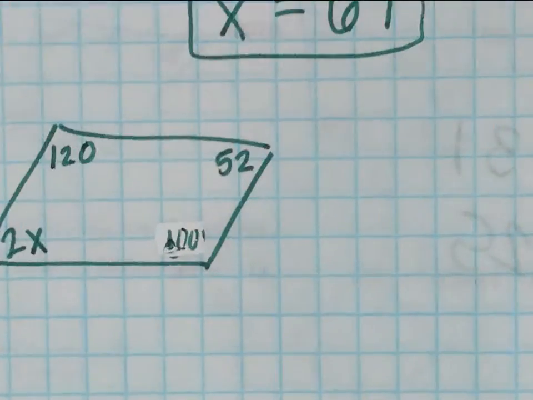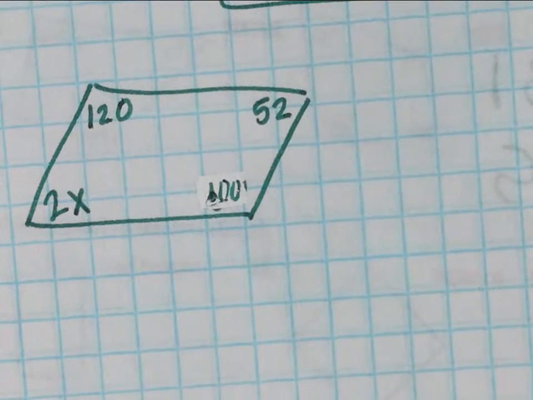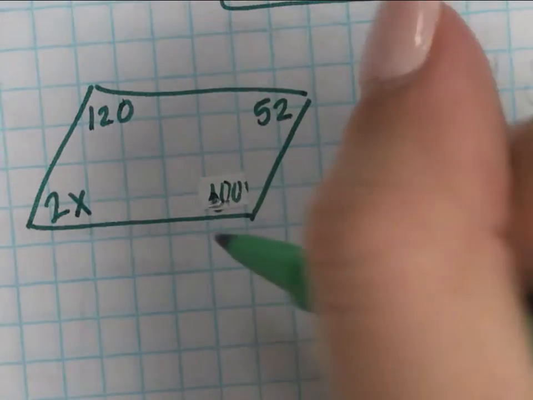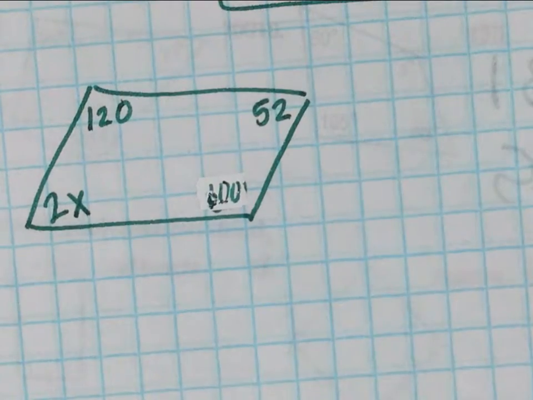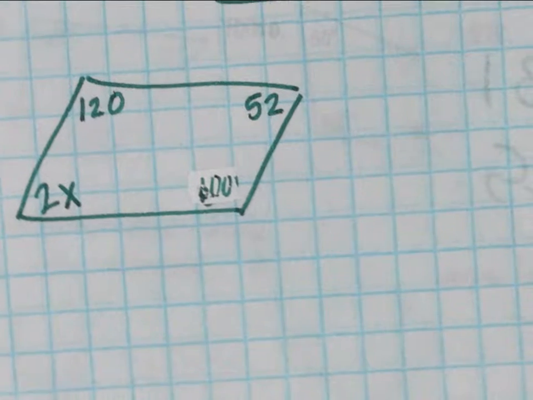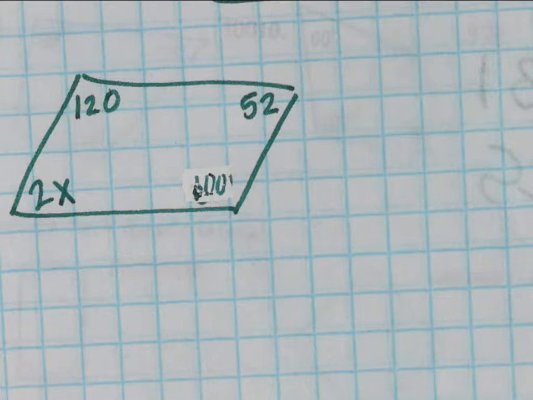Sorry. So we've got 120 up there at the top. Is that better? 52, 2x, and this is a 100. It doesn't matter what order you put your numbers in. No, it does not. Anna. Does it come out pretty? Cool. All right.